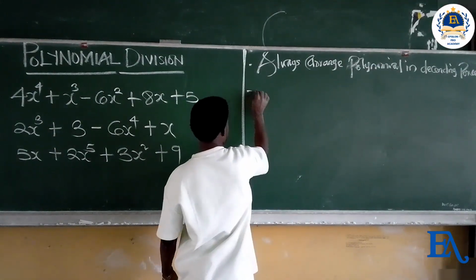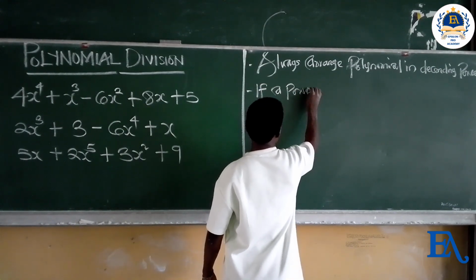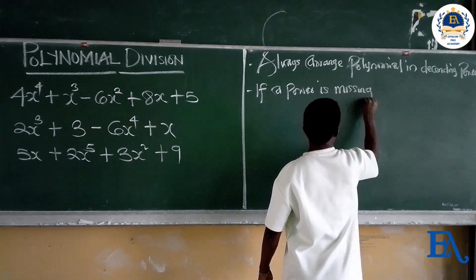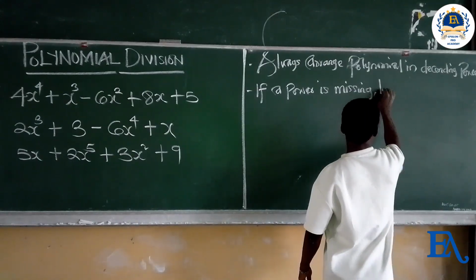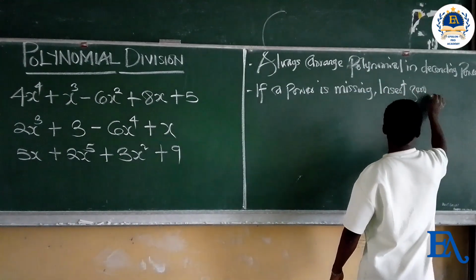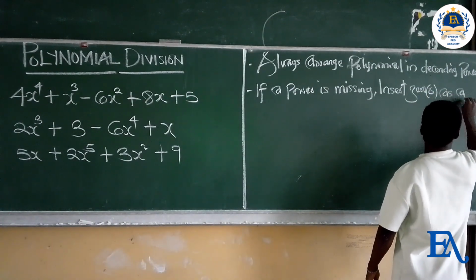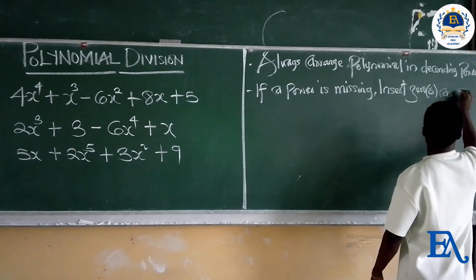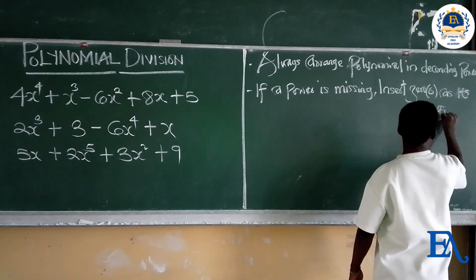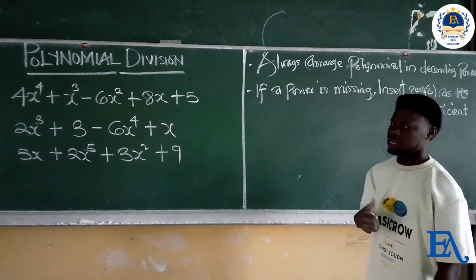Number 2, if a power is missing, insert 0 as its coefficient. Take note of this concept.